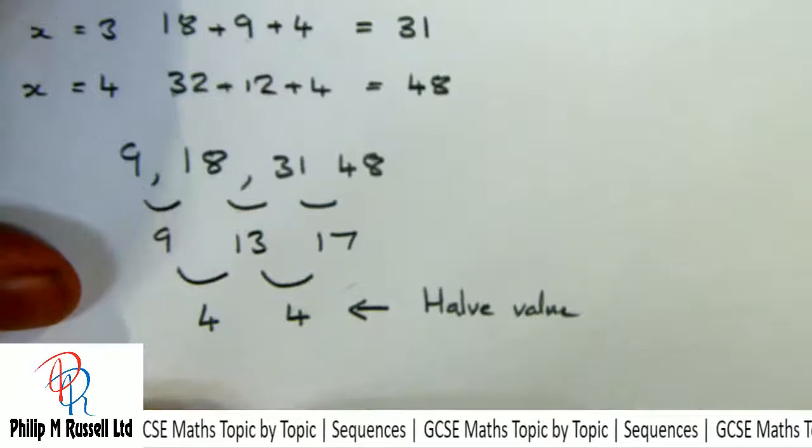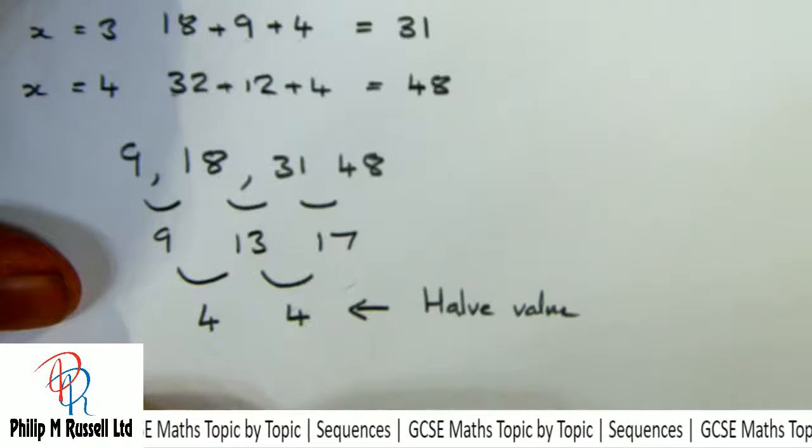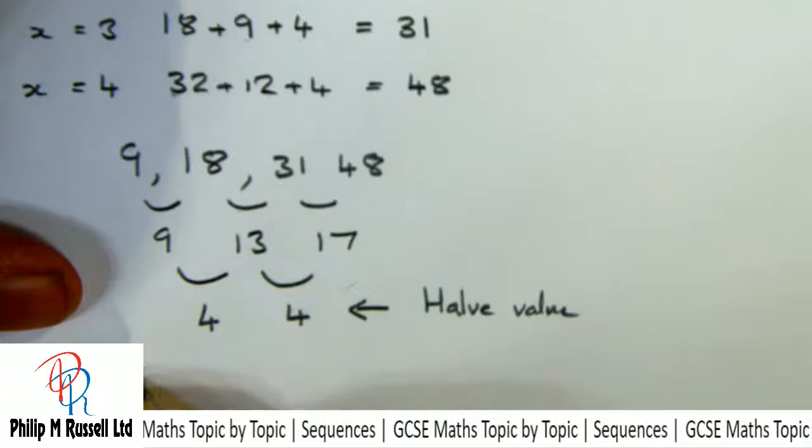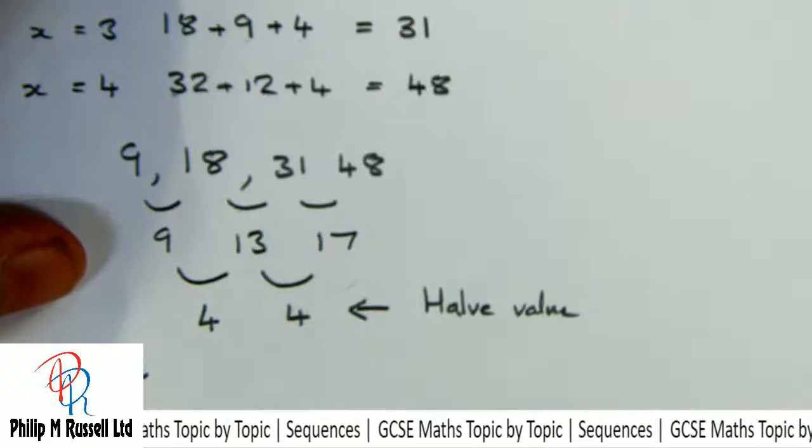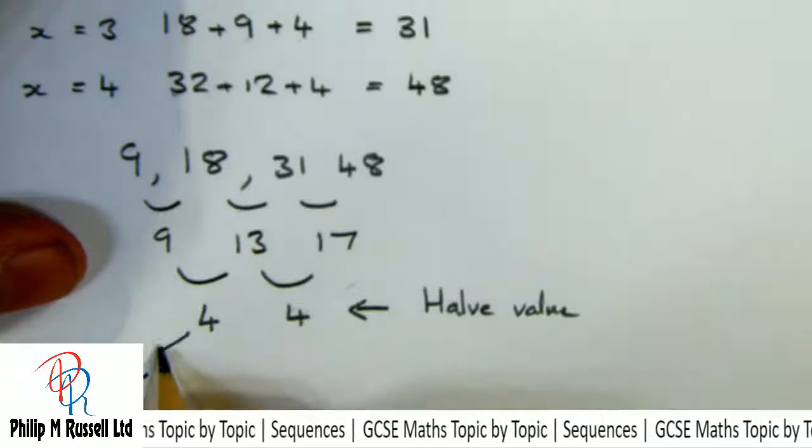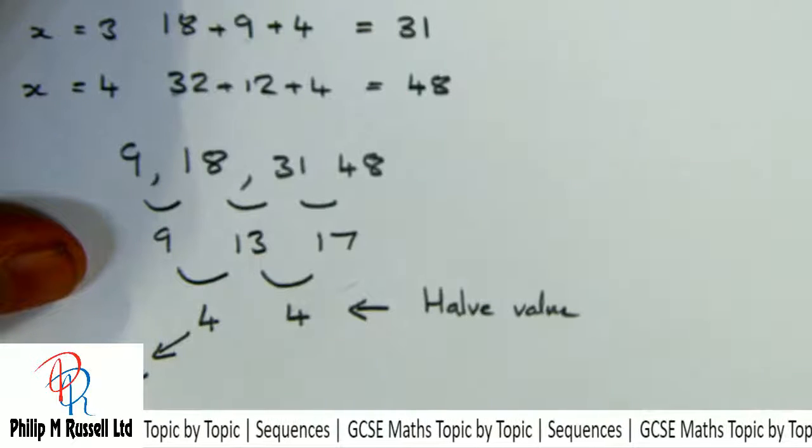So this is going to be 2n squared. So we can work that out from the 4.